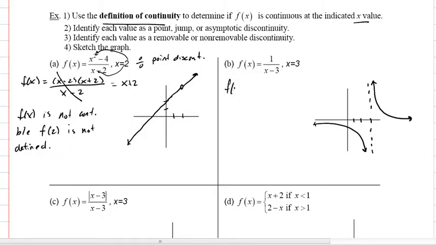So f of x is not continuous, and we know it's not continuous because of the asymptote, but really it's not continuous because f of 3 is undefined. There's no point at x equals 3. There's an asymptote, so we're going to say because f of 3 is not defined.